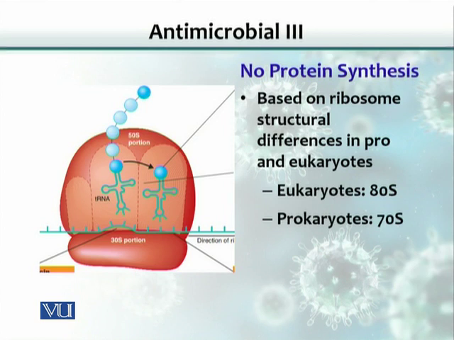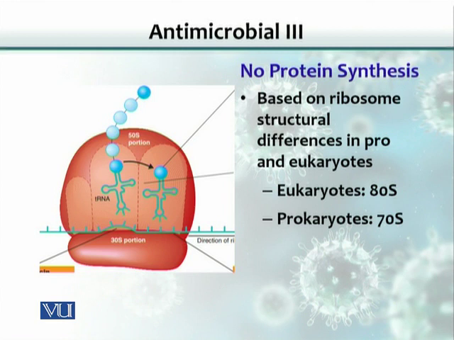How specifically can we target protein synthesis in the prokaryotes while sparing protein synthesis in the eukaryote? It is by looking at the structure of the ribosomes. We know that the eukaryotic ribosome is different from the prokaryotic ribosome.